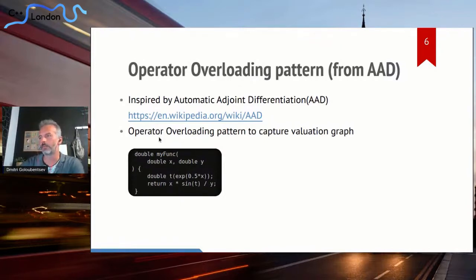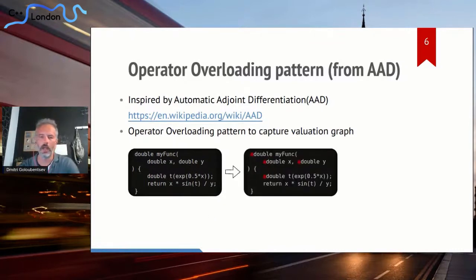What we do here is we have our original program, and it uses native double types for all the numerical variables. And what we can do is change that to something we call an active double type. On this active double type, we can override the behavior of each mathematical operation, so plus, star, minus, exponent, and so on. We change that so that we can get access to something we call the valuation graph.